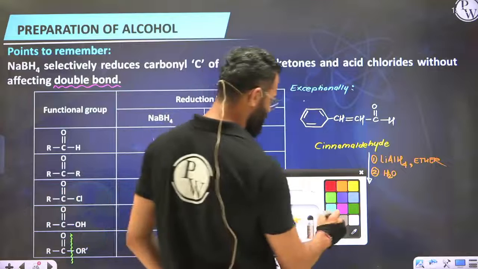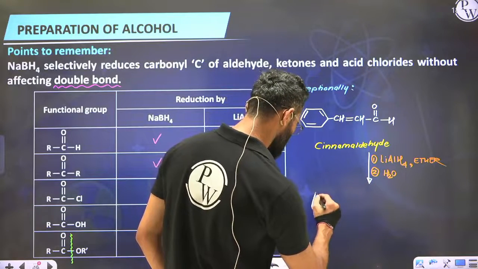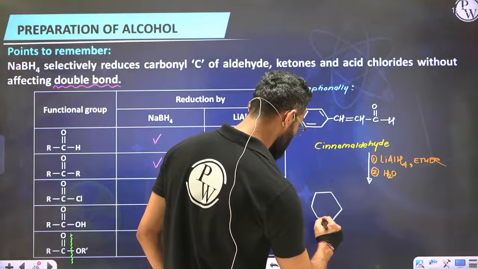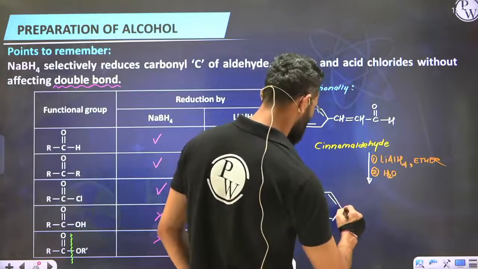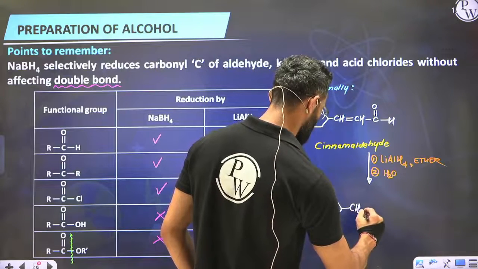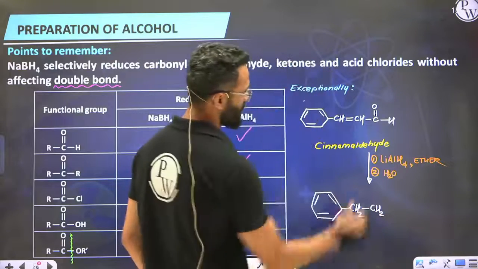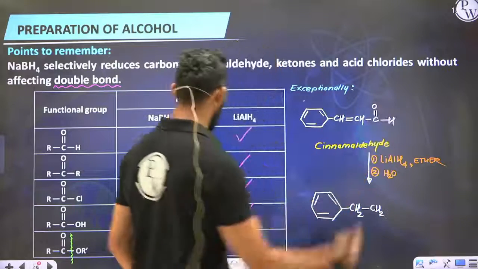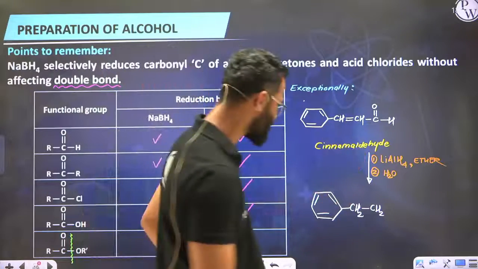So the product here is the benzene ring as it is. See, upon reduction, just like you do hydrogenation, this becomes CH2 single bond CH2, and not to forget it is an aldehyde. Aldehyde is again reduced by both of these, so the aldehyde is certainly going to get reduced.